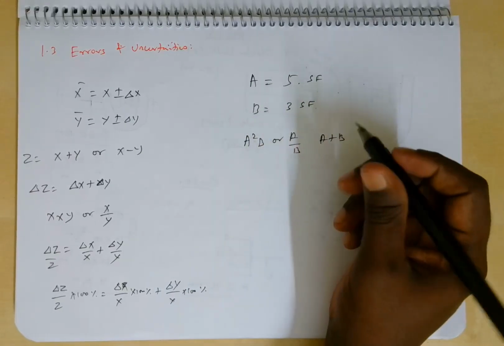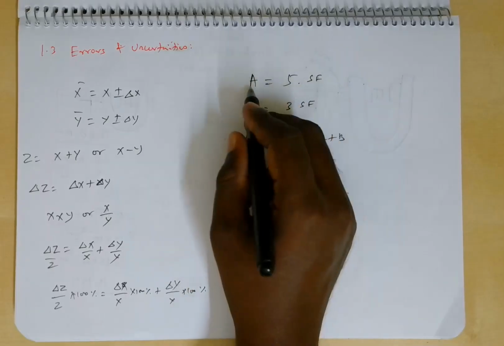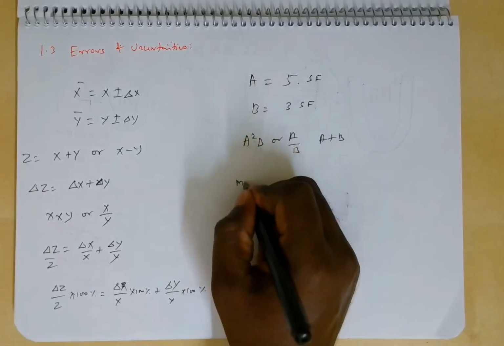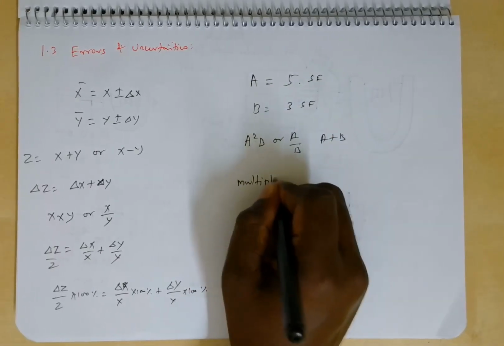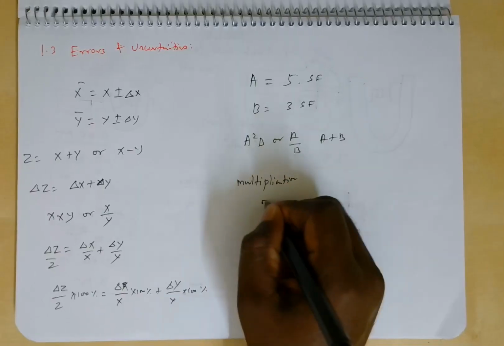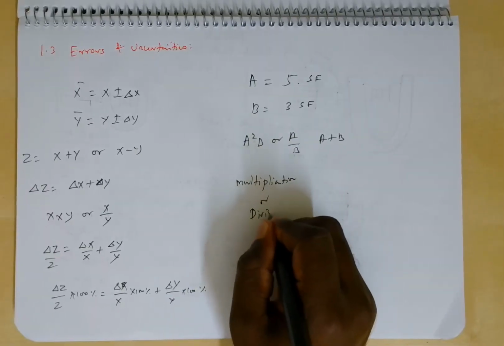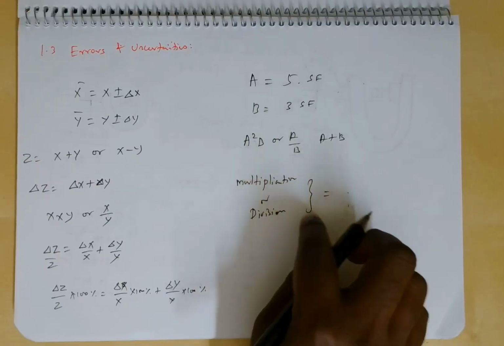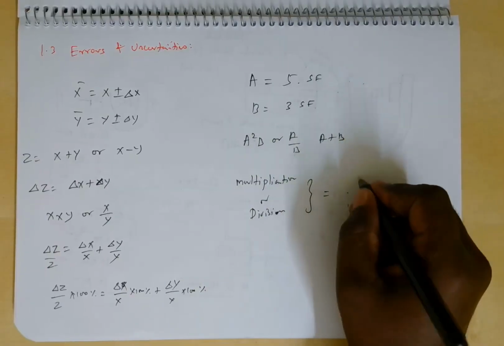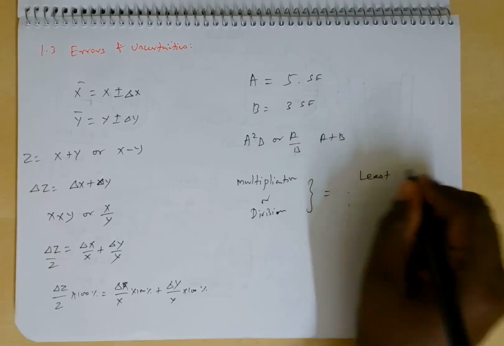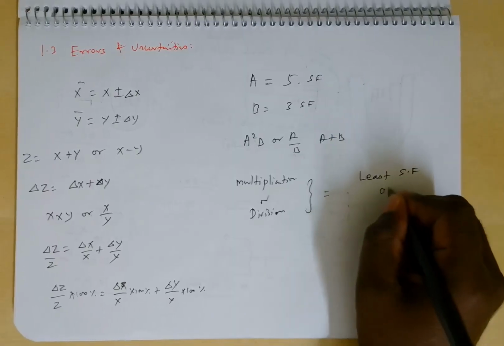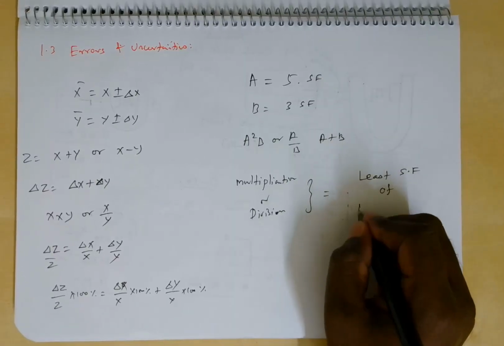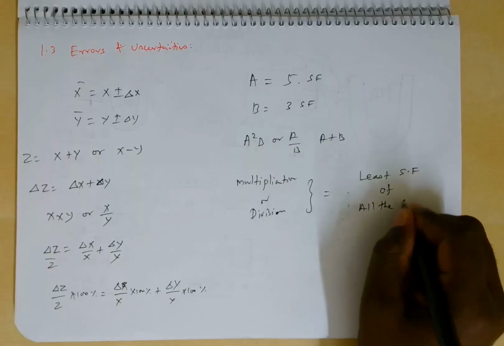If it involves multiplication or division of these two quantities, your answer should have the least SF of all the quantities involved.